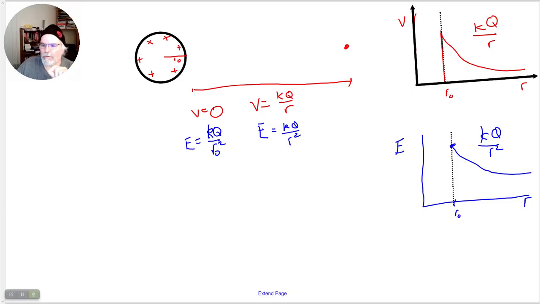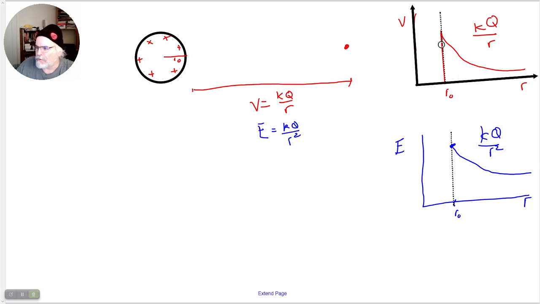Inside, there's no electric field. At the surface, since the potential is the same at the surface, you knew we couldn't get through one of these without Susan making a mistake. So let's back up. I know you've got to erase all kinds of stuff in your notes now, assuming you're taking notes. The potential is the same at the surface, okay?